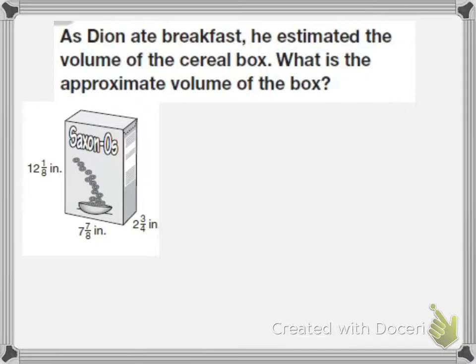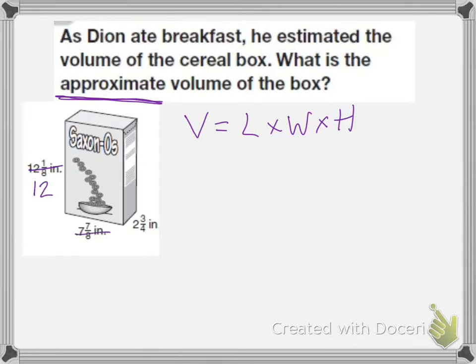For the last question, it says, as Dion ate breakfast, he estimated the volume of the cereal box. What is the approximate volume of the cereal box? Again, volume equals length times width times height. Since I'm looking for an approximate, I can round all these numbers. So the 12 and 1/8 is going to round to 12.